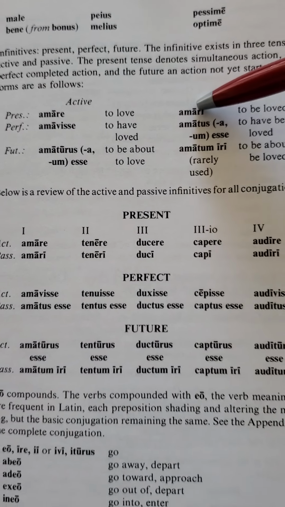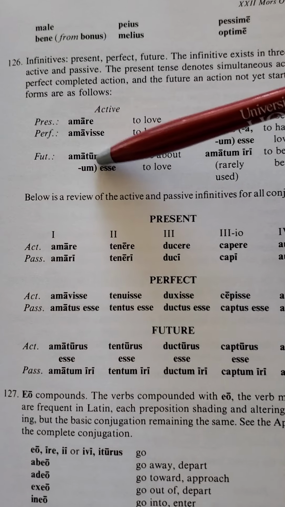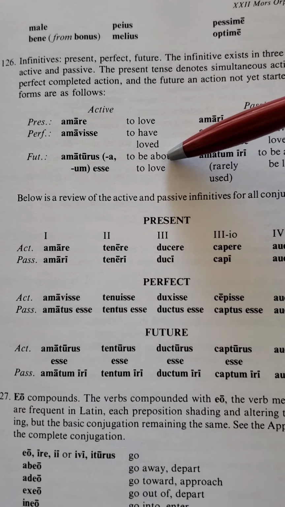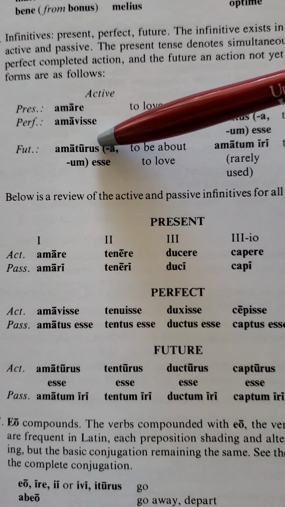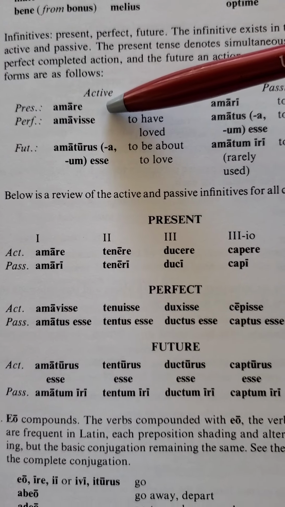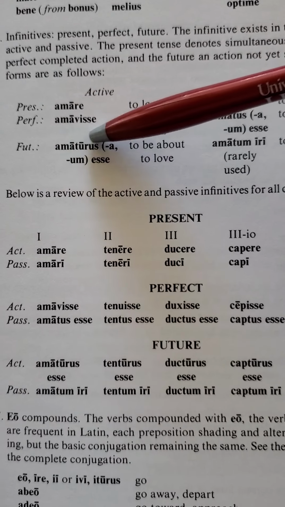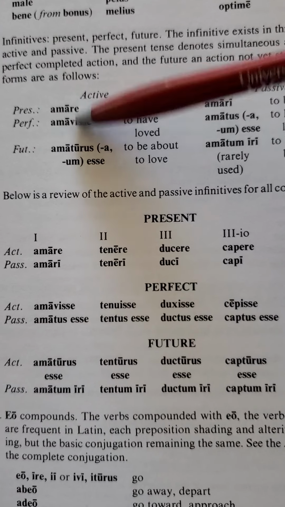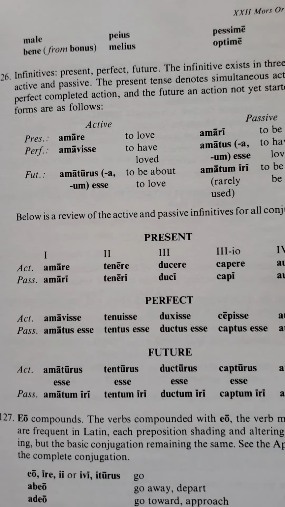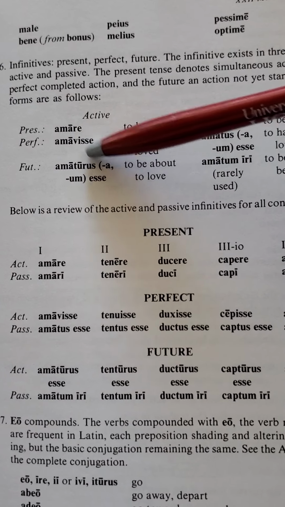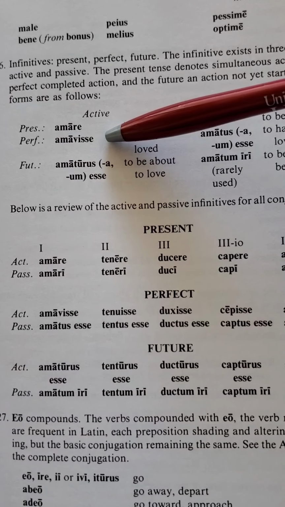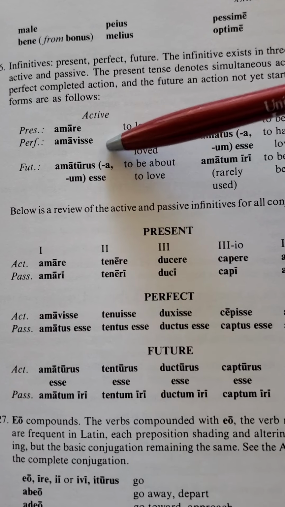Amare, amari, and then there's the perfect infinitive, to have loved. And this is easy. It's the third principal part, amo, amare, amavi. You whack off the I of the third principal part like we do for the perfect tense, and you add isse. So amavisse. Not hard to form.